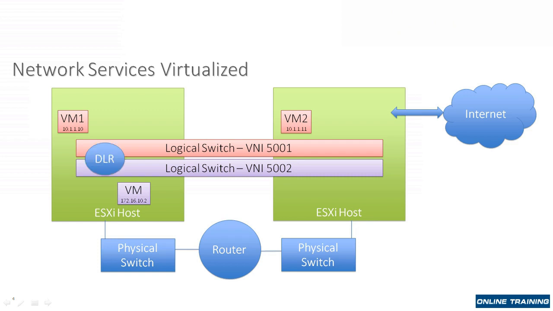Right? And we can even put in routers, distributed logical routers, distributed firewalls. We can put in an edge firewall, load balancer, VPN solutions, and we can layer all of this on top of the existing physical network hardware that we already have. So NSX is going to be huge.